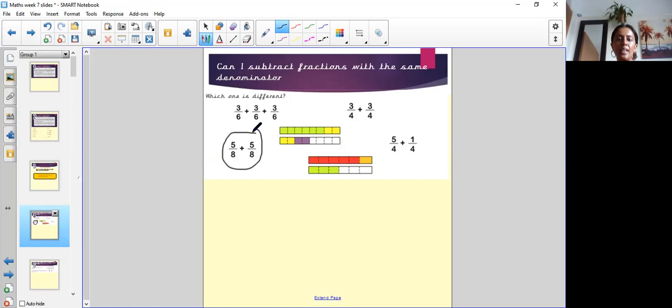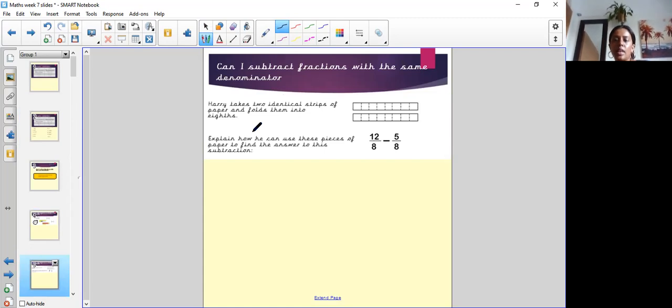However, when you add 5/8 and 5/8, you would get 10/8, and that as a mixed number is 1 whole and 2/8, which is the same as 1 whole and 1 quarter, so it's different. The rest of them are 1 whole and 1 half, whereas 5/8 and 5/8 gives you as a mixed number 1 whole and a quarter. So well done if you did get that, and that was a bit of a tricky question.